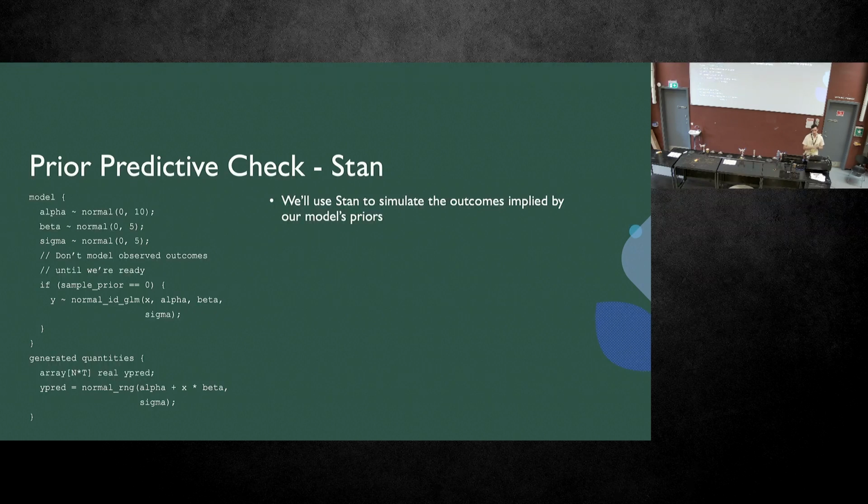If sample prior is equal to 1, then we ignore this block and we're only looking at our priors. If it's equal to 0, then we're actually fitting our model to our observed data. Then, for each iteration of our Markov chain, we use our parameter values and our input covariates that we estimated those for, and we use that to simulate what seizure counts these priors imply for our data.